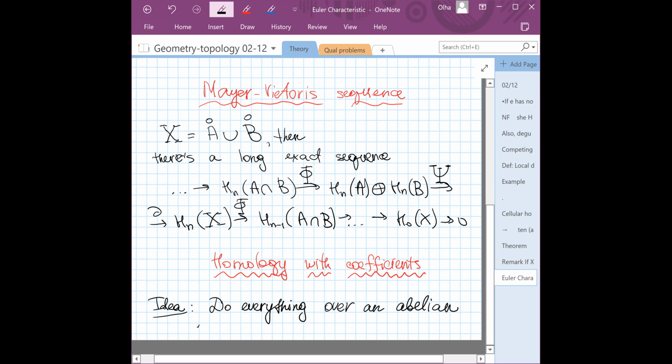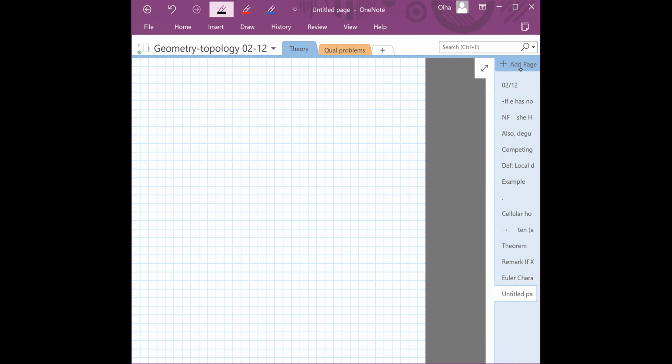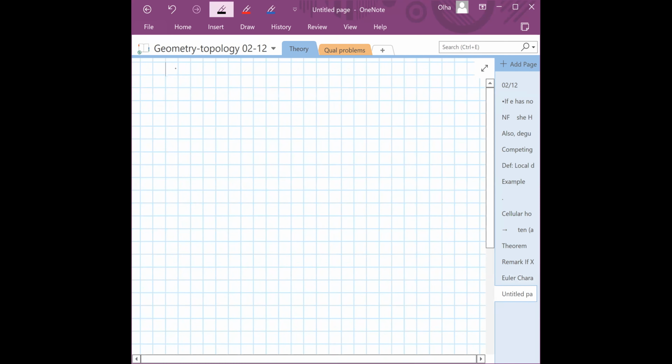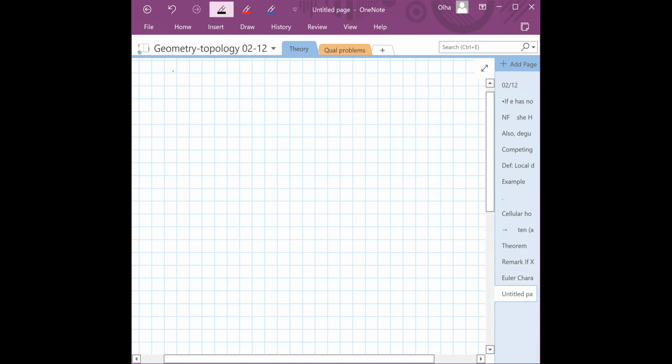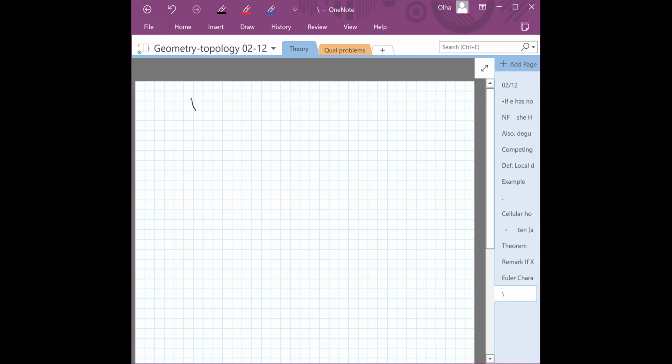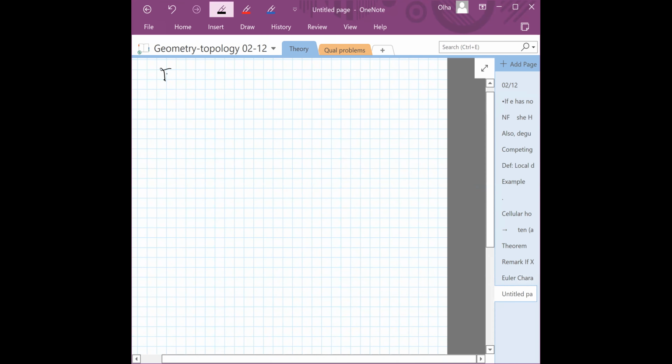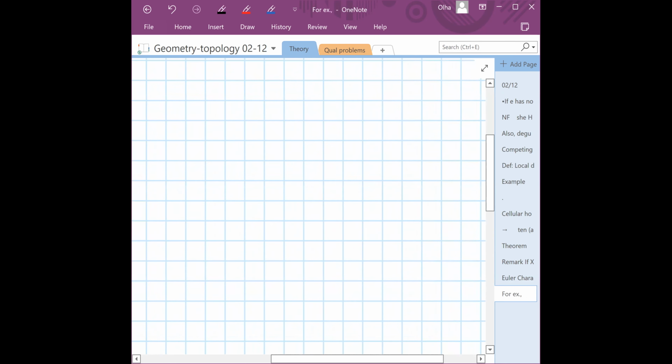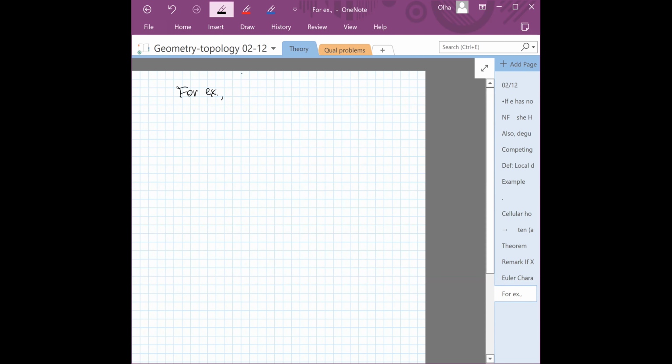An abelian group G instead of Z. So for example, when we were doing chains, there were sums like that, and the coefficients were integers.